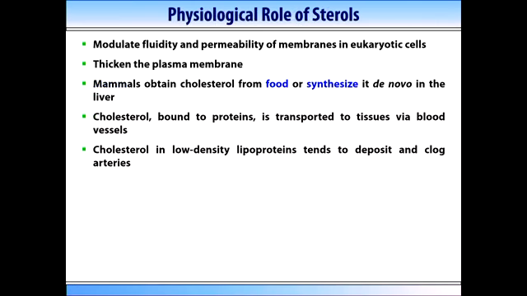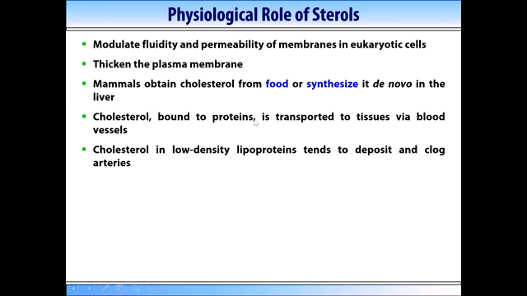Here, once again, are the physiological roles of sterols. We will talk about this in more detail next time. Sterols, especially cholesterol, modulate the fluidity and permeability of membranes in eukaryotic cells and thicken the plasma membrane. Mammals obtain cholesterol from food or synthesize it de novo in the liver.